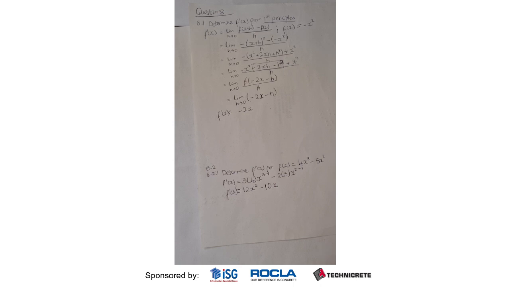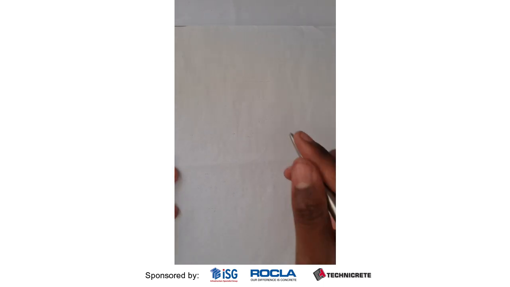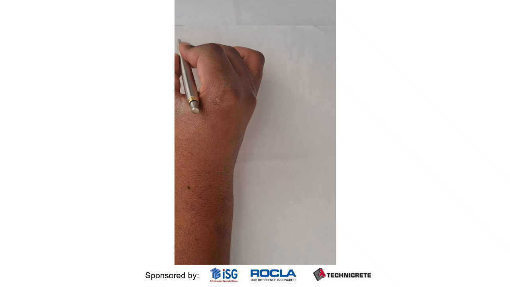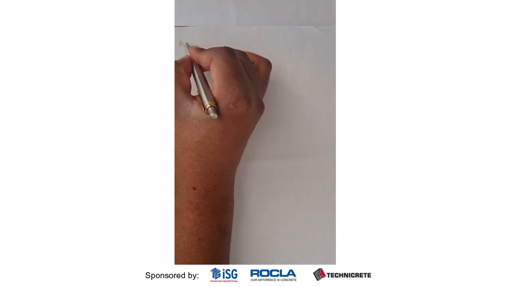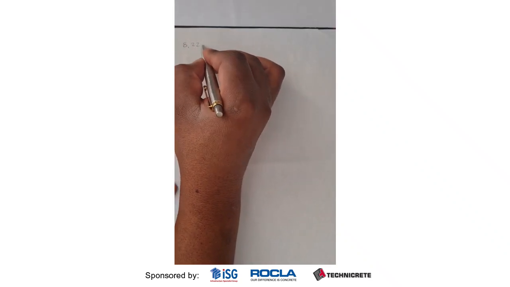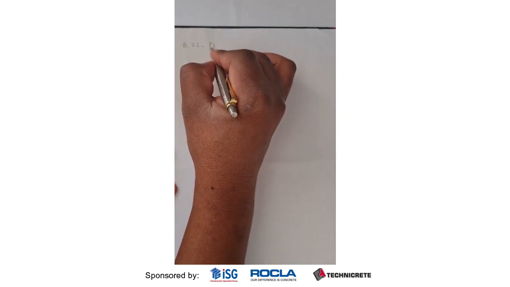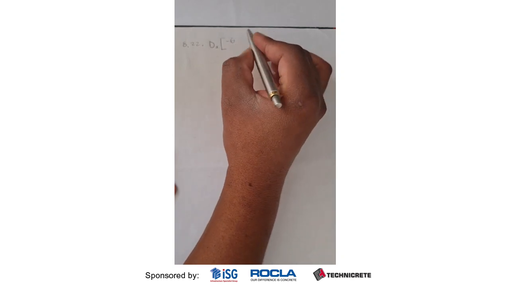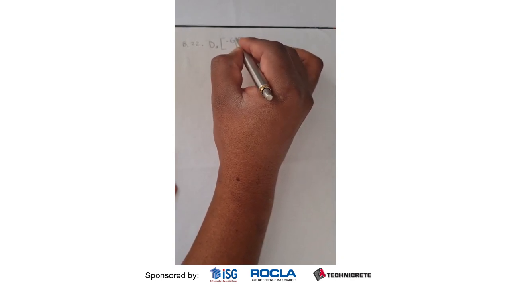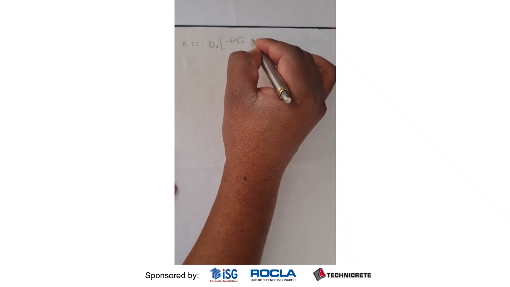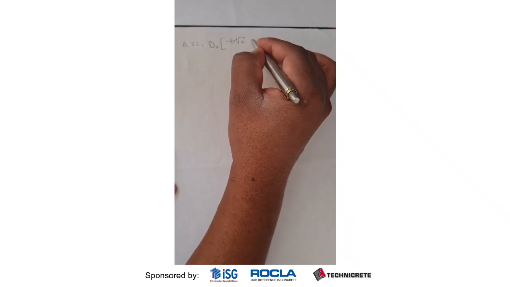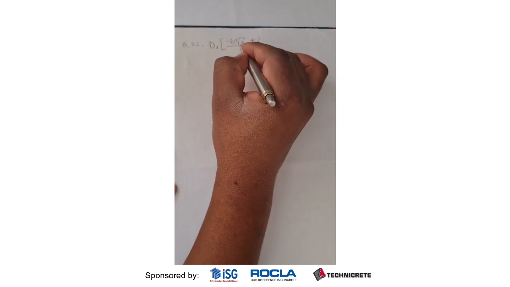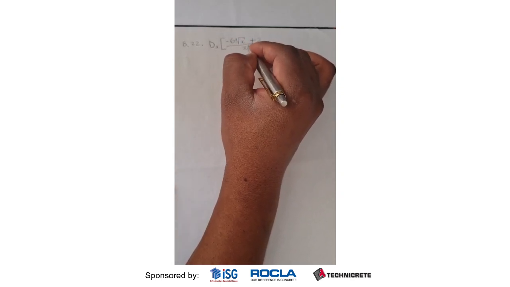All right. Now, let's have a look at our final question. That question is asking us to find the derivative with respect to x of negative 6 times the cube root of x plus 2, all over x to the 4.